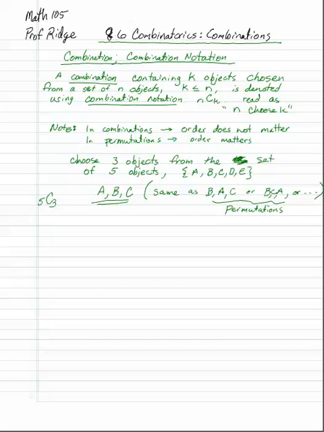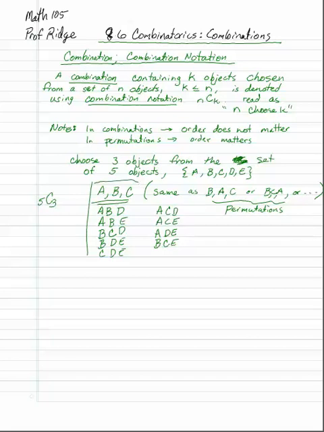So this would be 5 choose 3. You've got ABC, ABD, ABE, and then BCD, BDE, and then CDE, and then I'll write the rest.